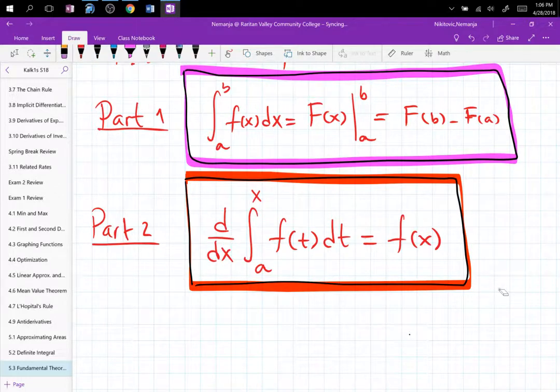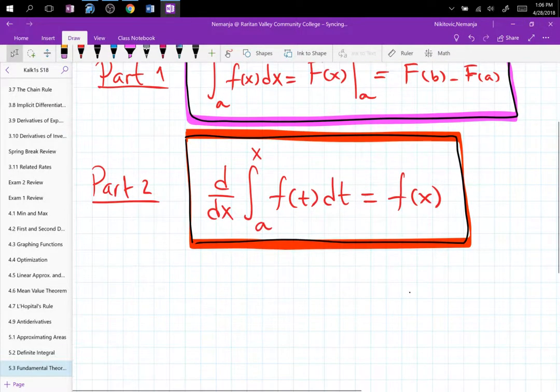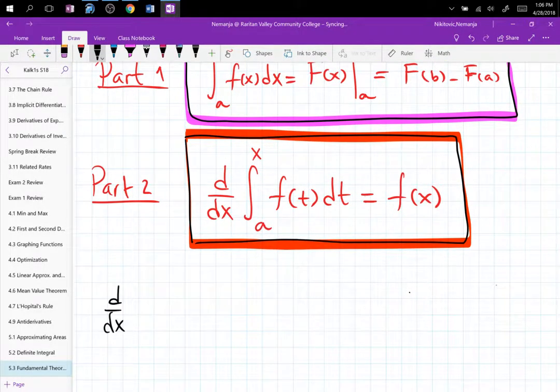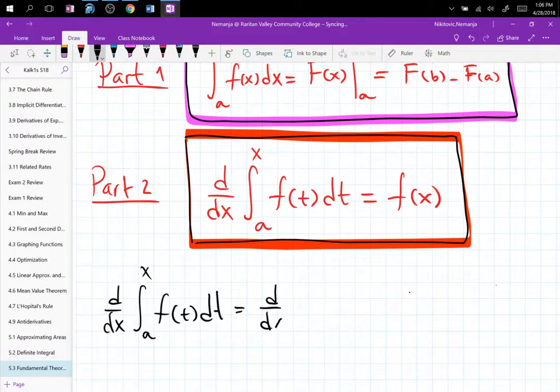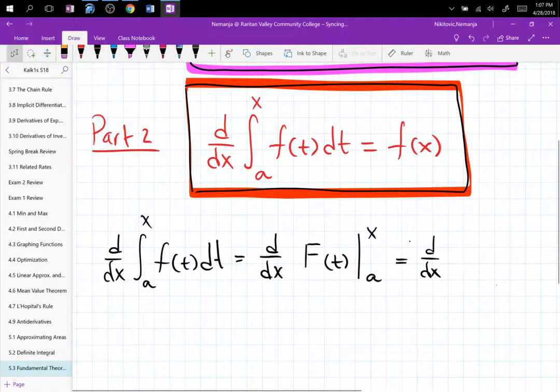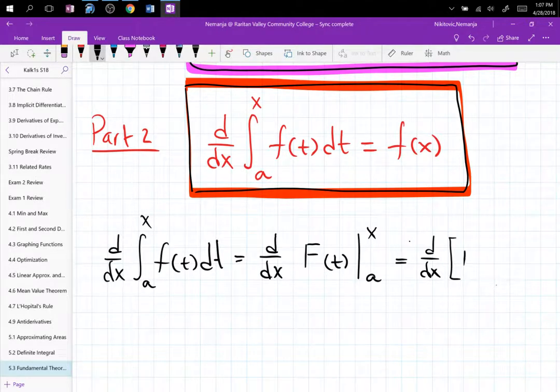The proof for this is very simple. The derivative of the integral from a to x of f of t dt will be the derivative, in terms of x, of the antiderivative of f of t, which is capital F of t, computed from a to x. So the derivative is F of x minus F of a.